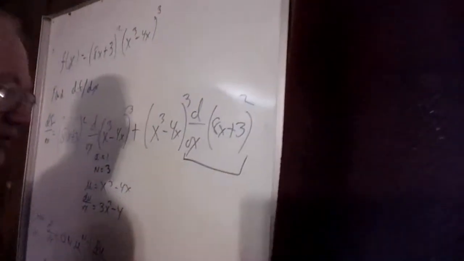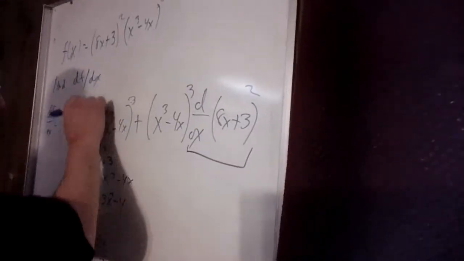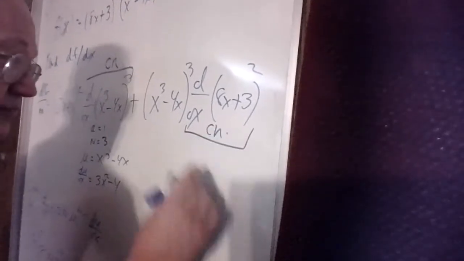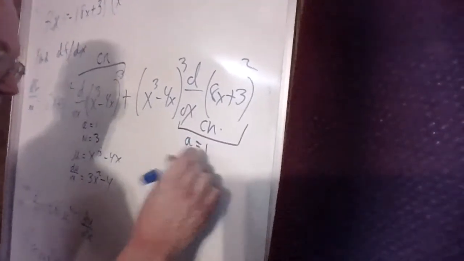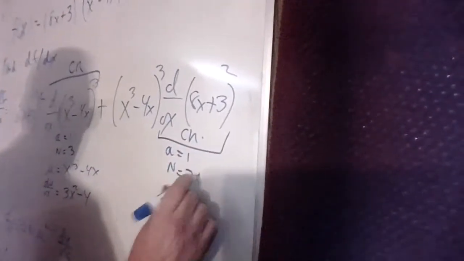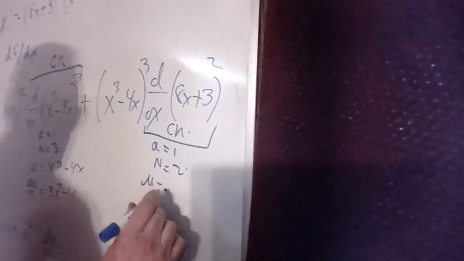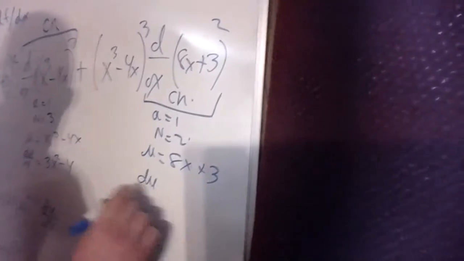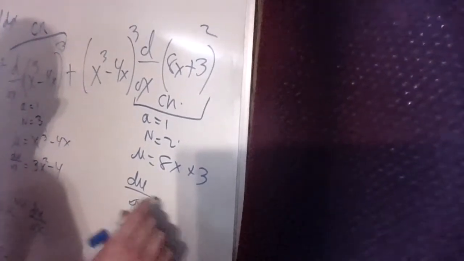And let's look at this one over here. This stays the same, but this is a chain rule too. A is 1, n is 2, u equals 8x plus 3, and du/dx equals 8.